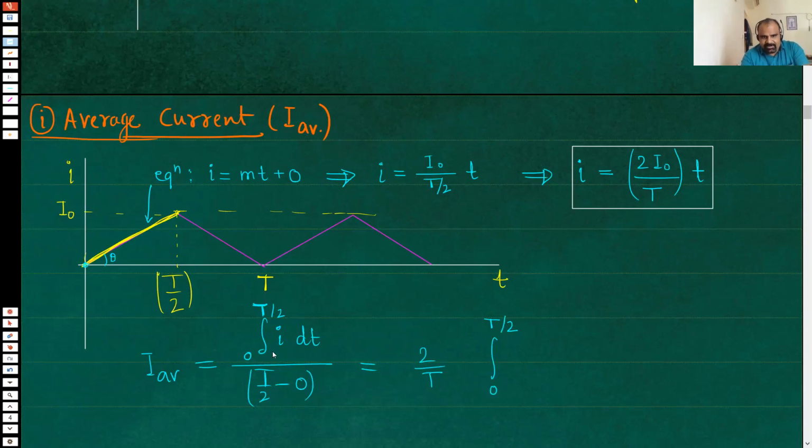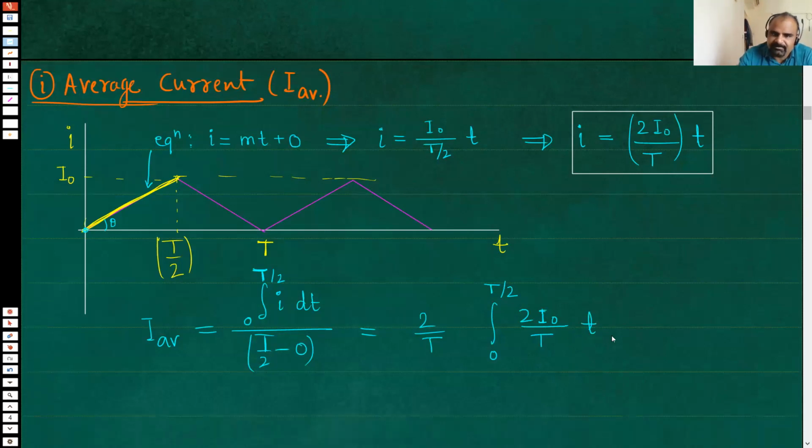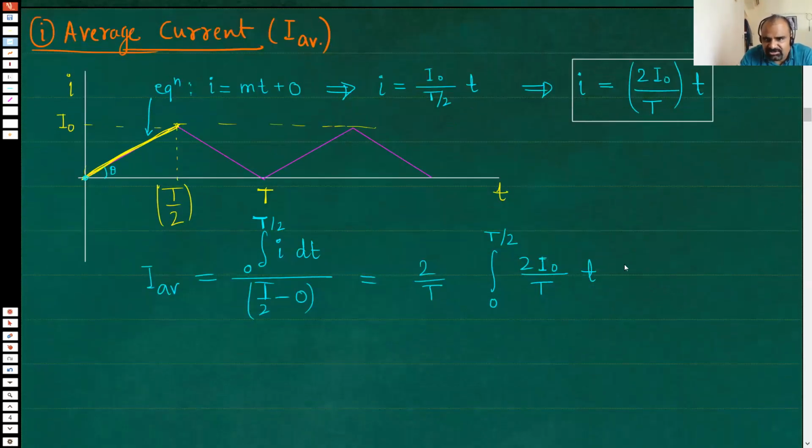So 2 by capital T, and in place of small I I will write 2 I naught by capital T into small t and into dt. This is small I into dt, I dt. Okay.